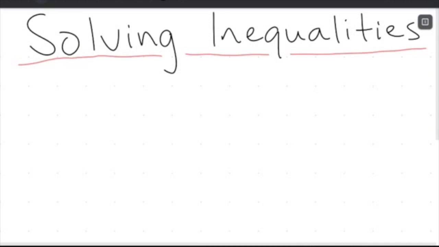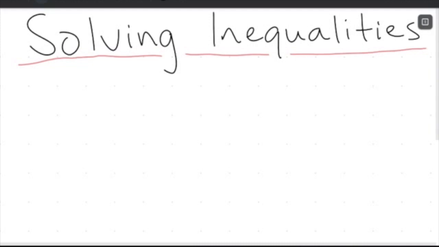But I just want to introduce you to this, give you a couple of examples for you to have a go at along with me, and show you how we can draw upon all of the different bits of information that we've learned so far. So what we've learned about inequalities and what we've learned about solving equations systematically.